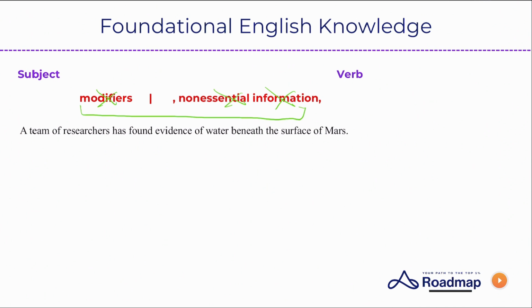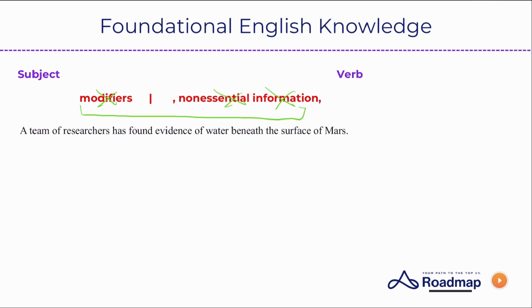Why is that important to know? Because if you're able to identify the modifiers or the non-essential information in a sentence, then you can ignore the words written in these additional pieces of information, so that you can more successfully locate and identify the main subject of that sentence. So keep that in mind.